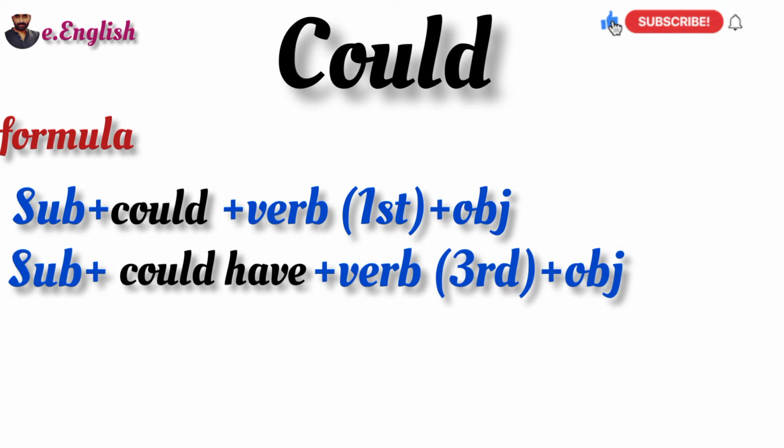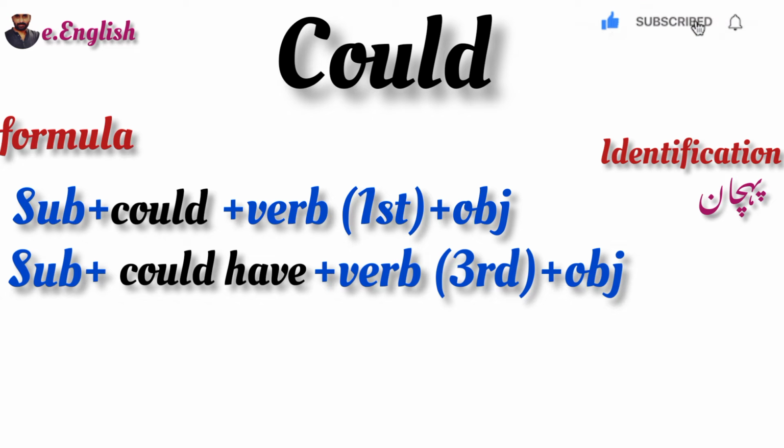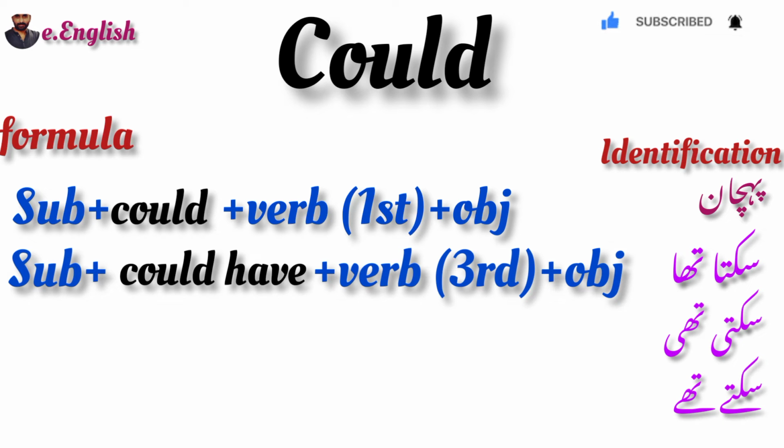If we talk about the identification, then the identification is: if there is sakta tha, sakti thi, sakte the at the end of the sentence in Urdu, we use could in English. Could or could have. If we use could, then we use verb's first form.